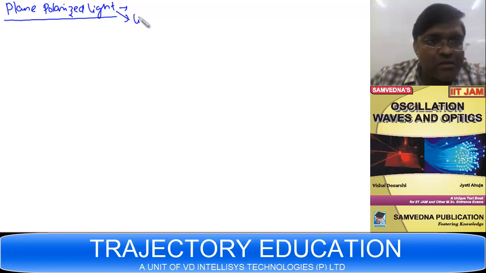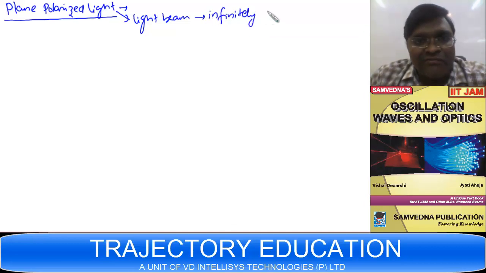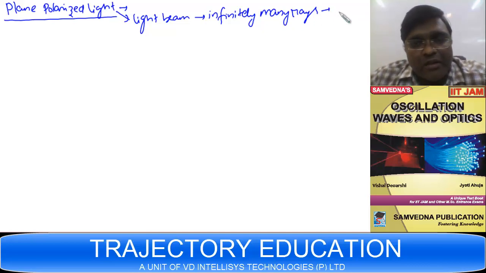Light means light beam. Now, light beam consists of infinitely many rays which share a common property, that they propagate in the same direction.